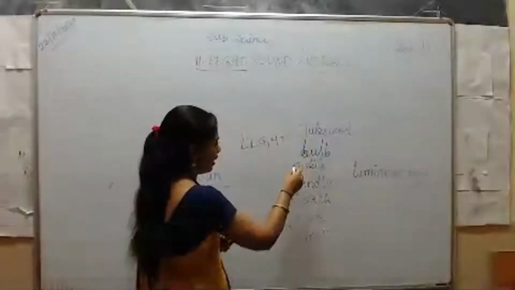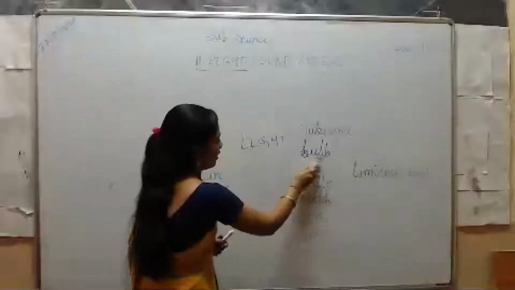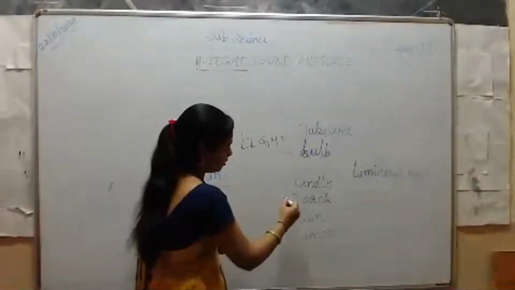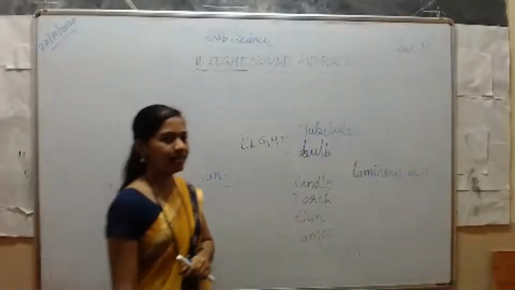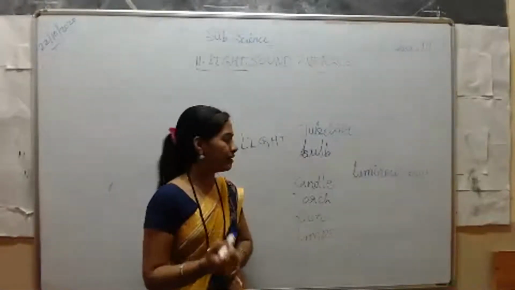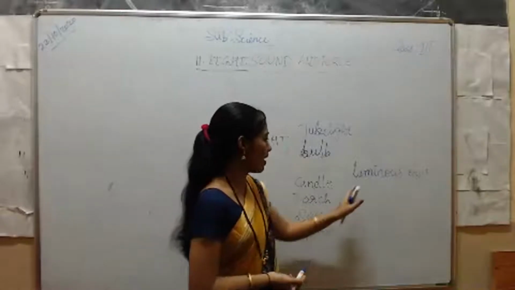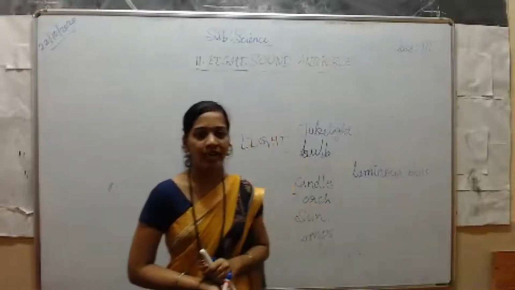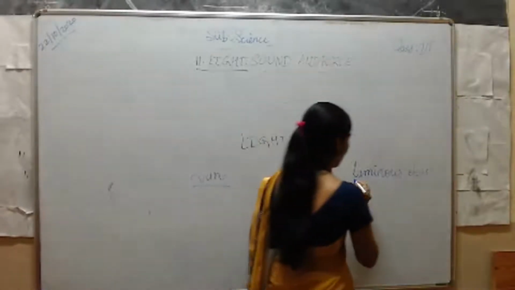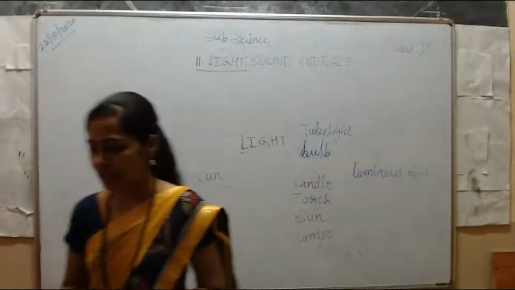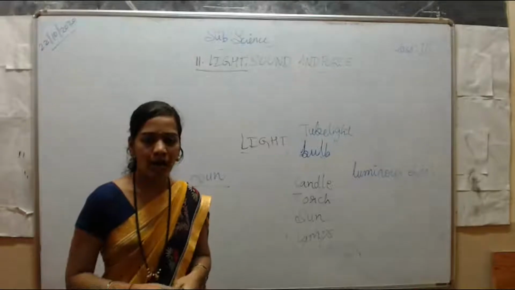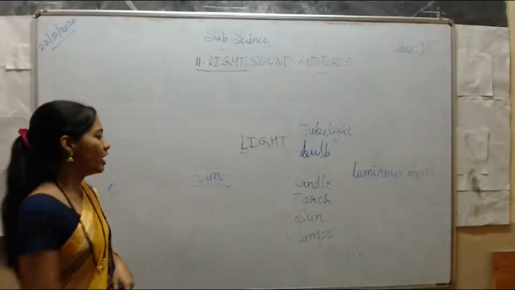Tube light, bulb, mobile battery, candle, torch, sun, lamp. All these things give out light. That's why we call these things luminous objects. Luminous means the things which give out light. They are called luminous objects.